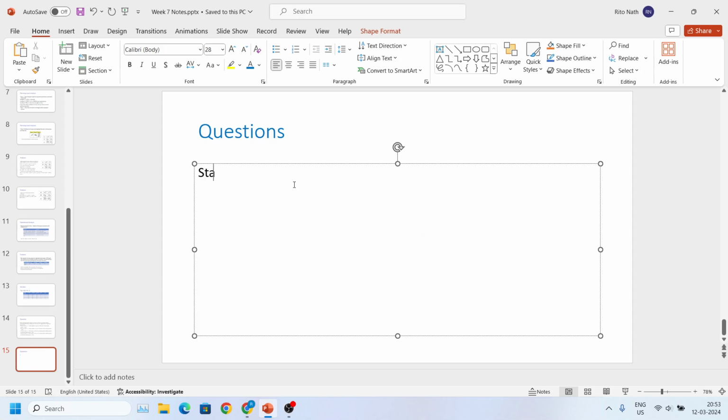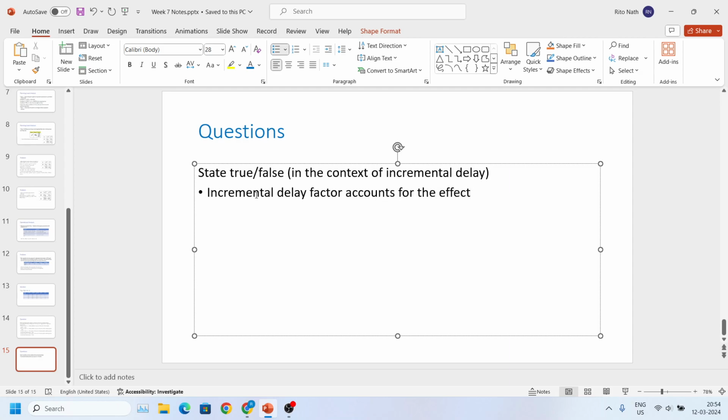So state true or false. This is in the context of incremental delay. Incremental delay factor accounts for the effect of controller type on delay.